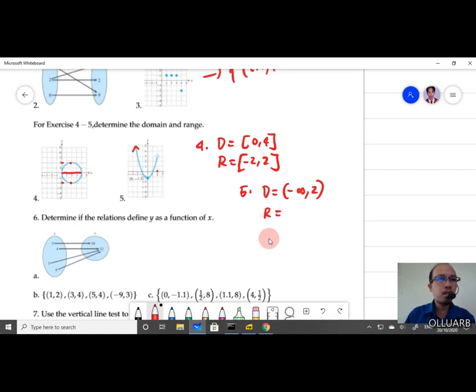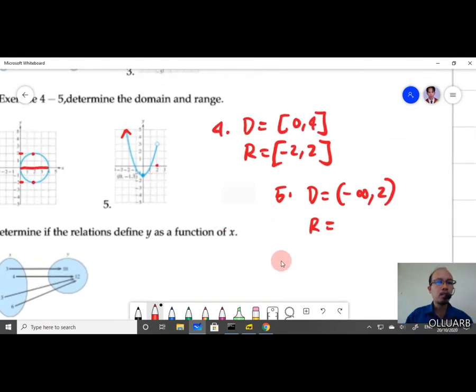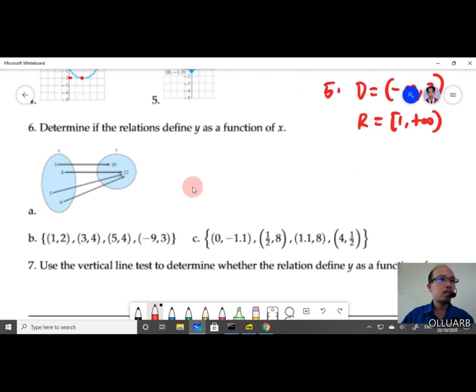For the range, we have starting from this point. What's this point? Is this one? 1. Okay, that's 1. So including 1 to positive infinity. So all those points, including 1. Okay, that's the range.